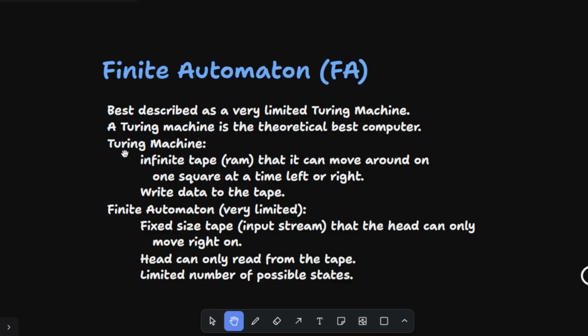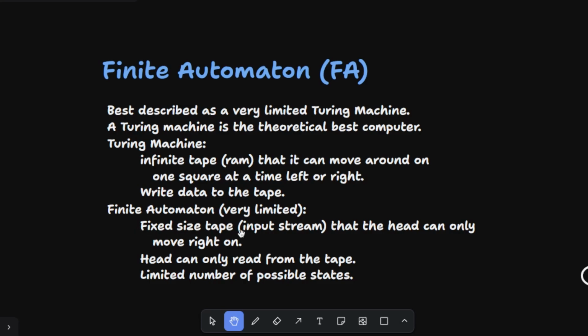That would be a computer with an infinite tape, or infinite amount of RAM, that it can move around on one square at a time, left or right. And every square on the tape can be written or read. So a finite automaton is a limited version of that.